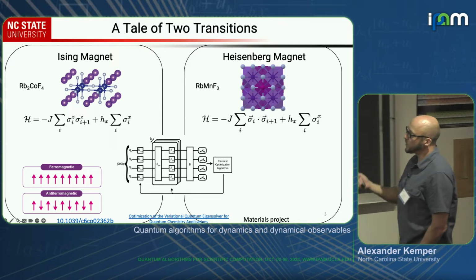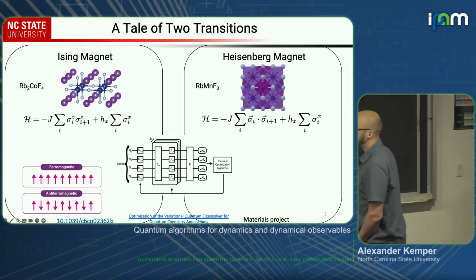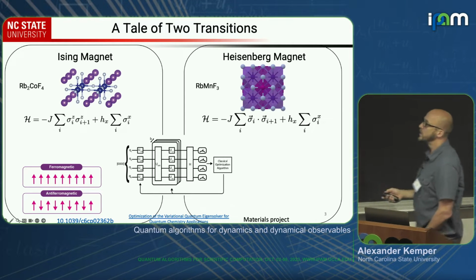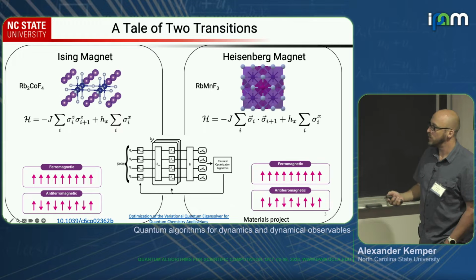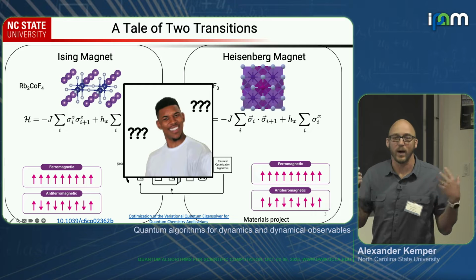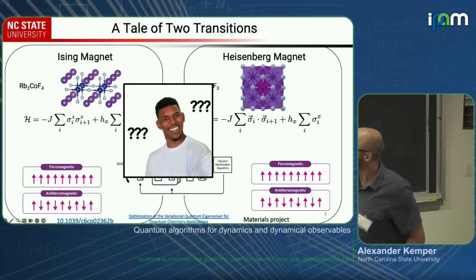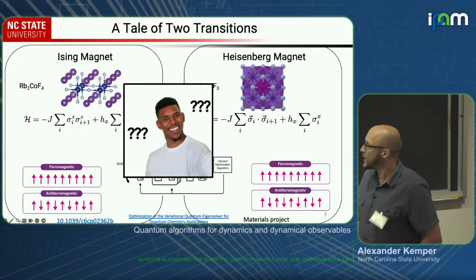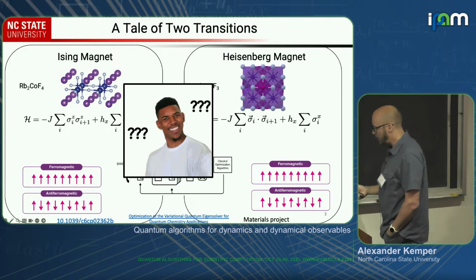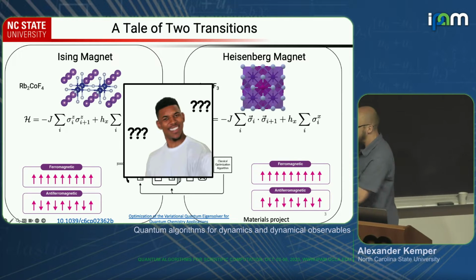And then you try and do the same thing for Heisenberg. You find it's much harder. You have to work a lot harder. You have to have deeper circuits. And when you get it all done, you find sort of the same things. So what gives, right? These are supposed to be very different, yet I end up with the same ground states, right? So they're supposed to be different materials. So something is weird.